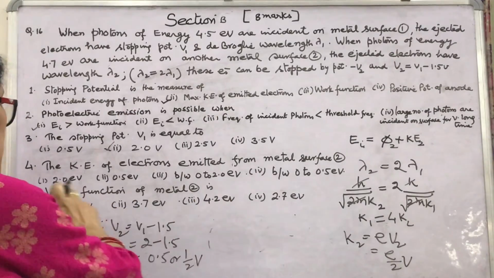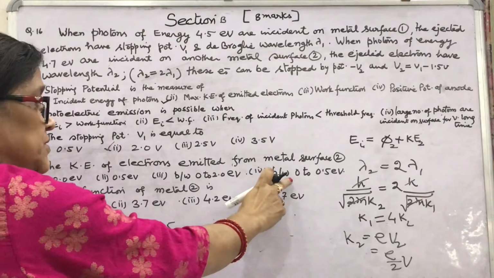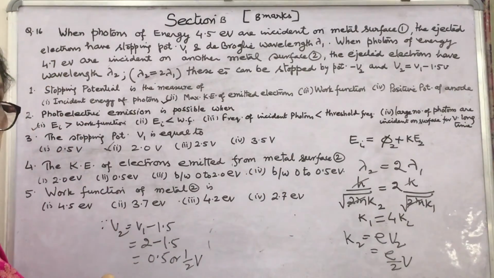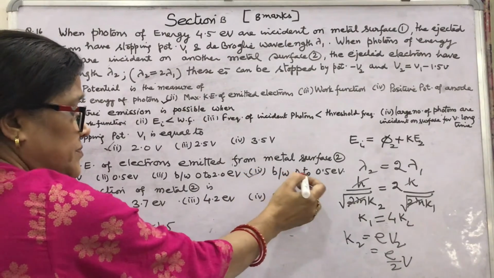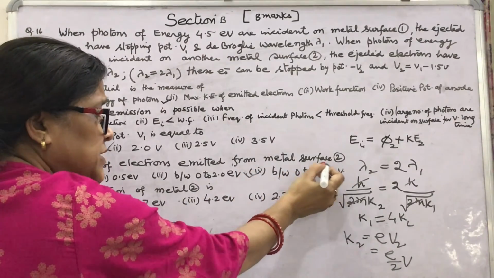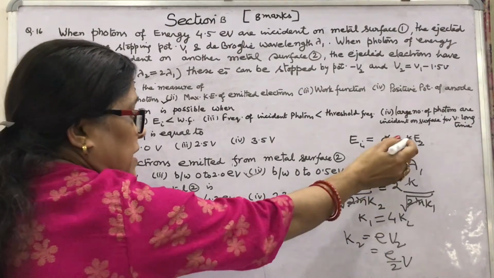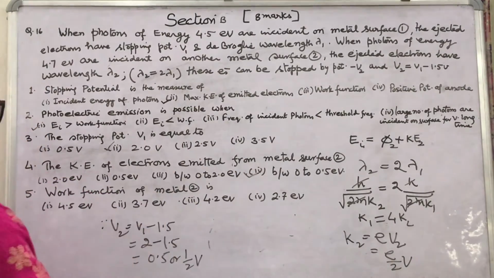Look here, this is the option given, half eV, but read the other option too, between 0 and 0.5 eV. Which option will you mark correct? This one, because this is the maximum kinetic energy that you calculated from the equation. So this option will be correct.